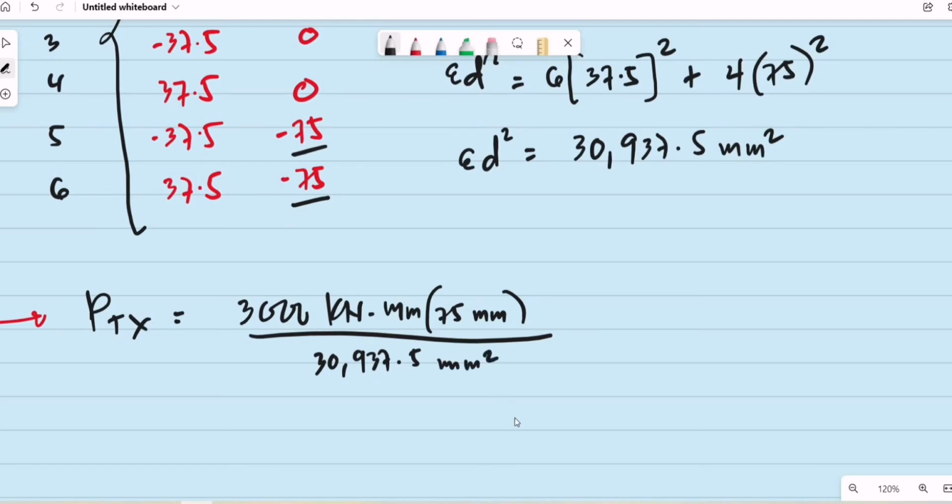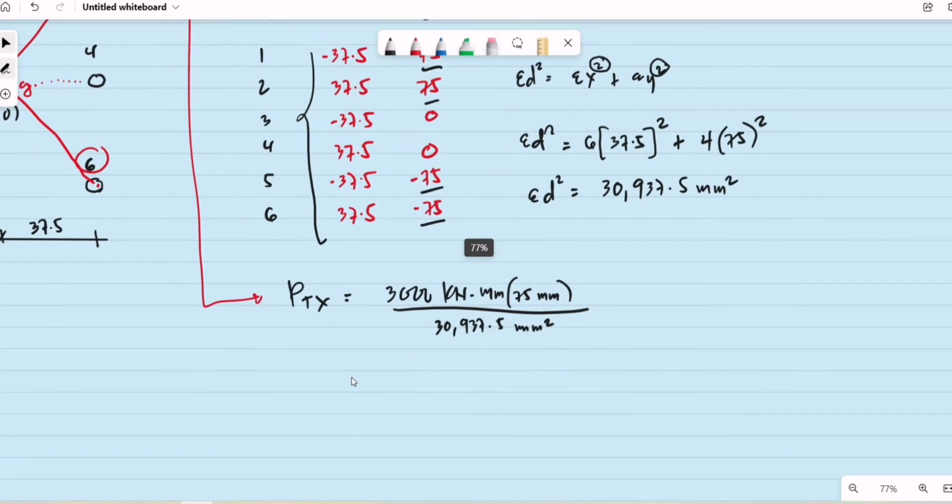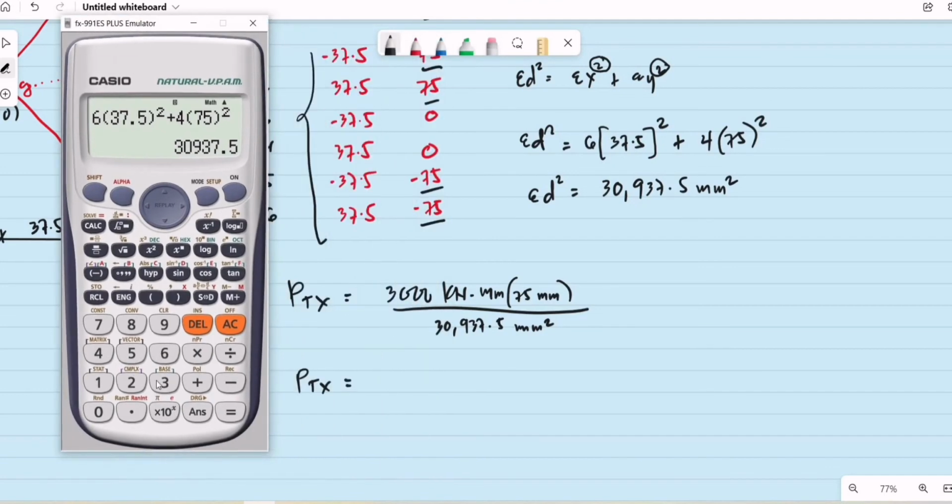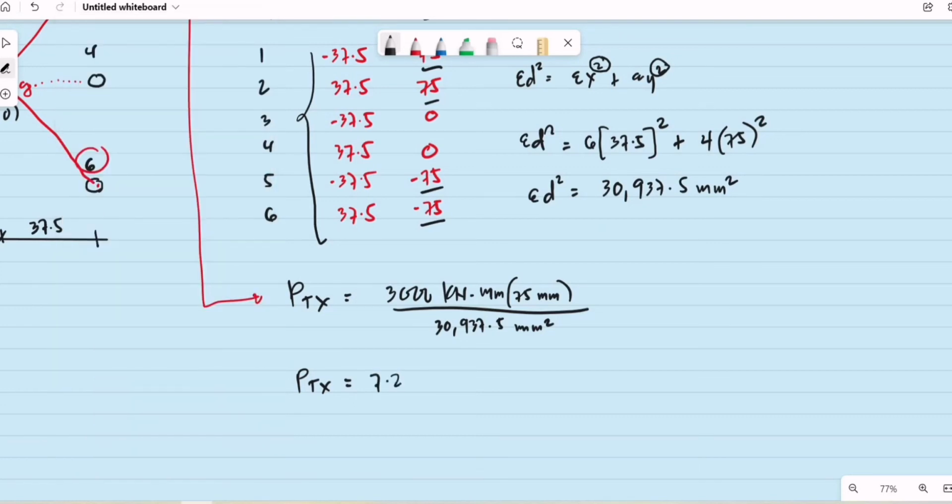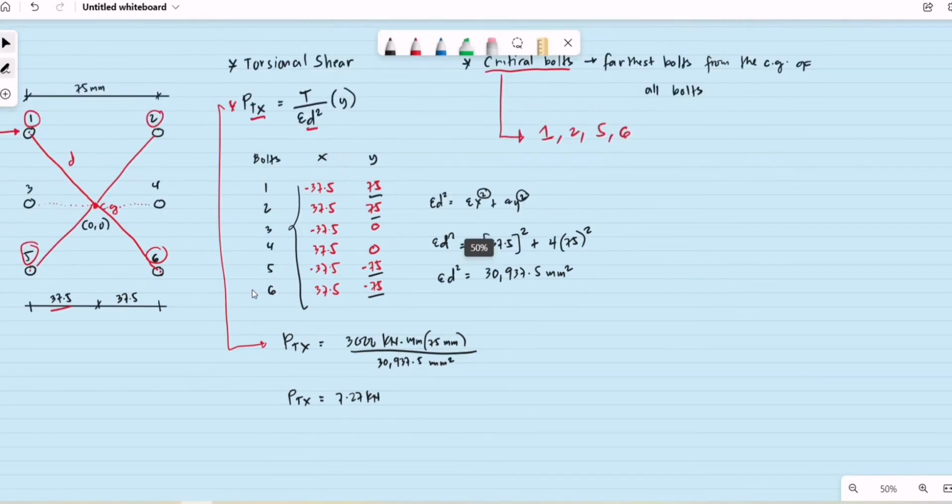This will be the direct shear, or the shear per bolt due to torsion. So the torsional shear along X is equal to 3,000 kilonewton mm multiplied by 75 divided by 30,937.5. This is equal to, let's say, 7.27 kilonewtons. That will be the torsional shear along X.